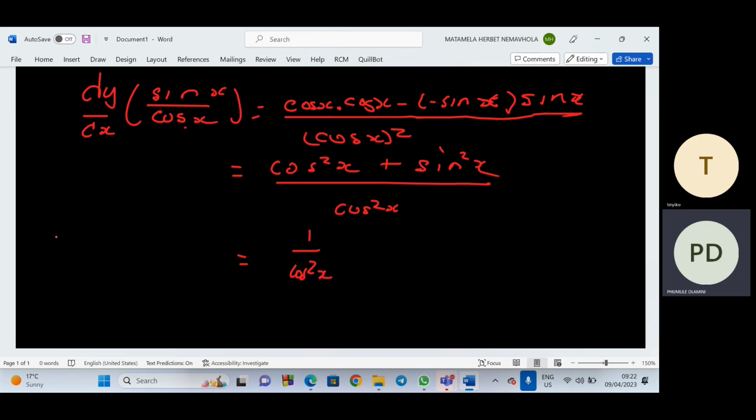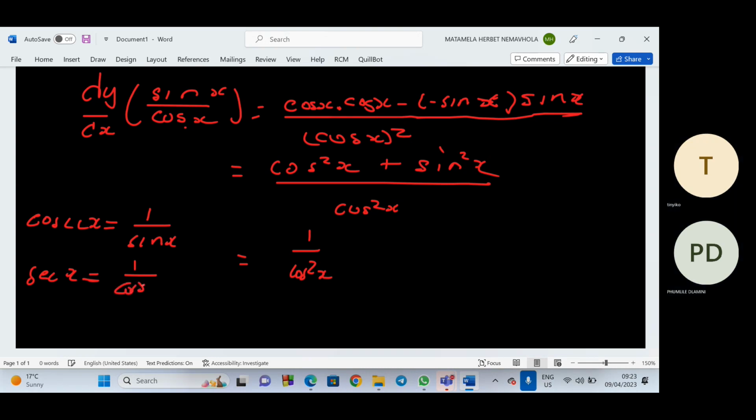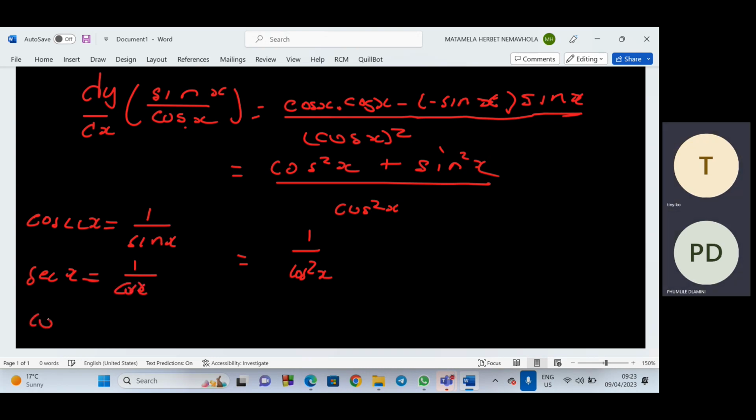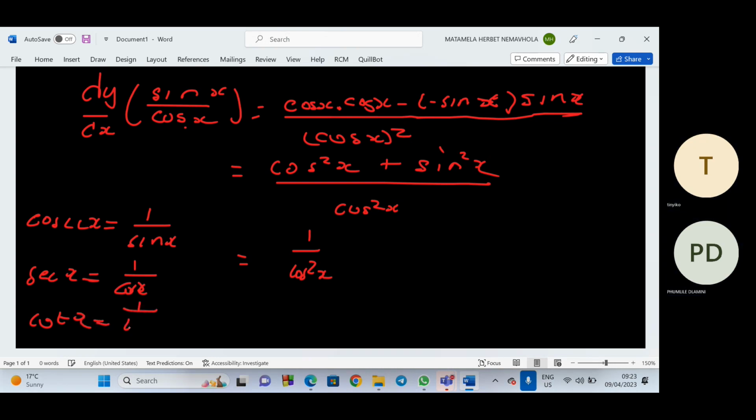So we know that the reciprocal of sine x, cosec x, is the same as 1 over sine x, and sec x is the same as 1 over cos x. And then cot x is the same as 1 over tan x.